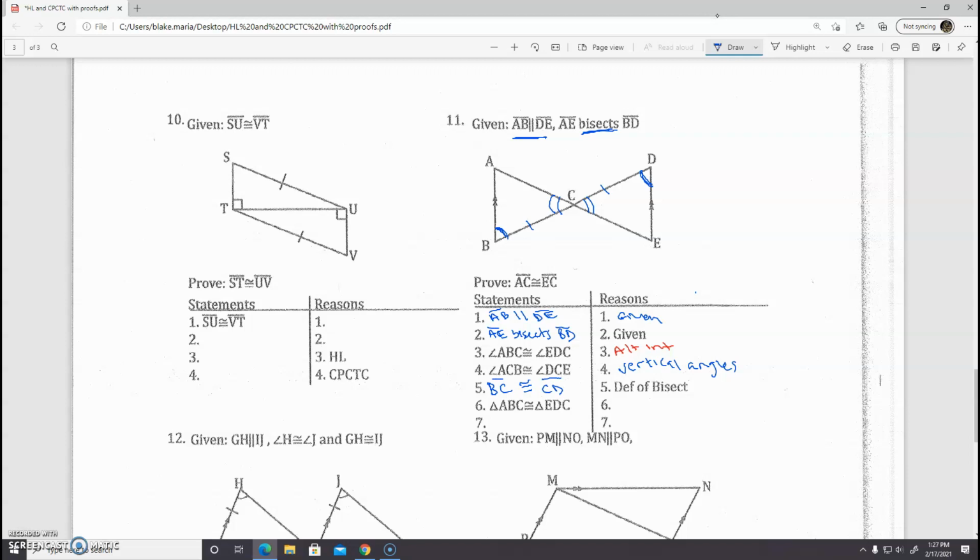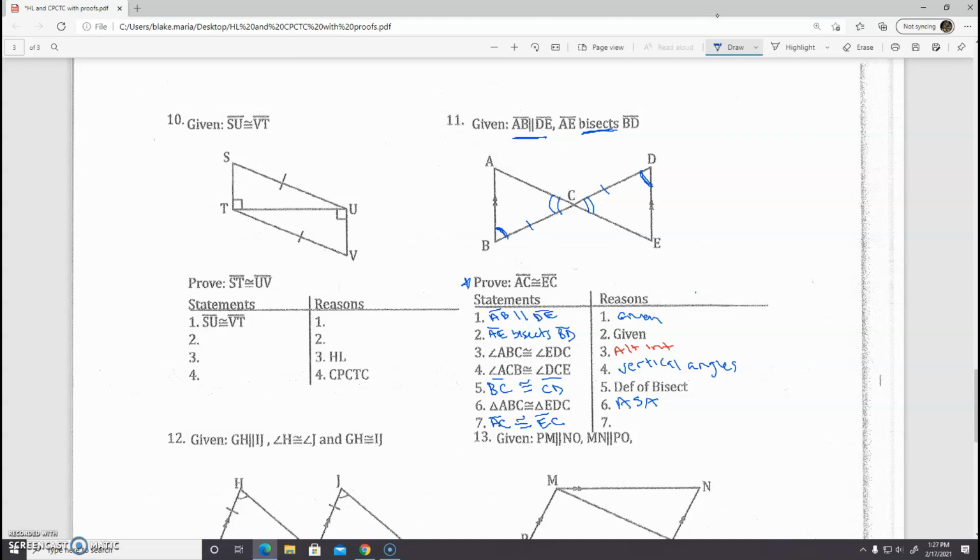Next step says triangles are congruent. Well, are my triangles congruent? Yes, by angle, side, angle. And then the last step is what you wanted to prove. You wanted to prove AC was congruent to EC.